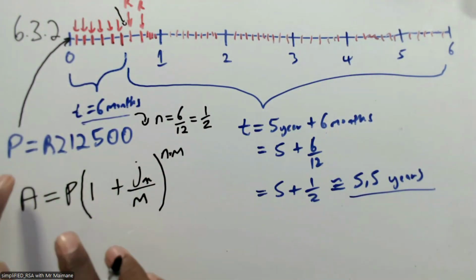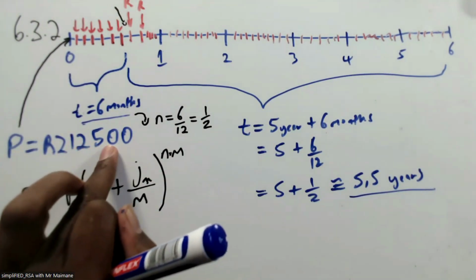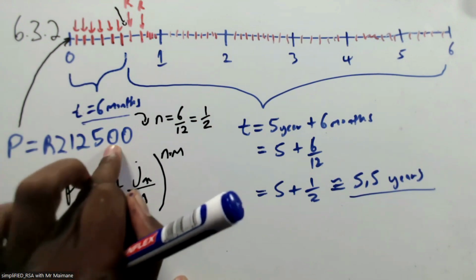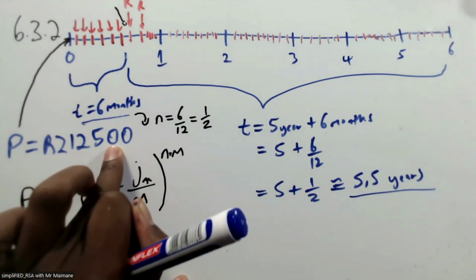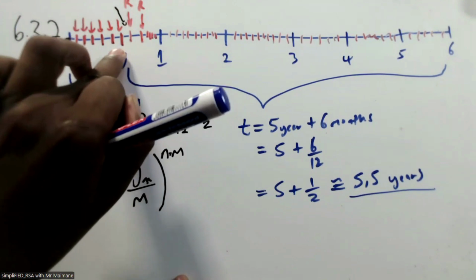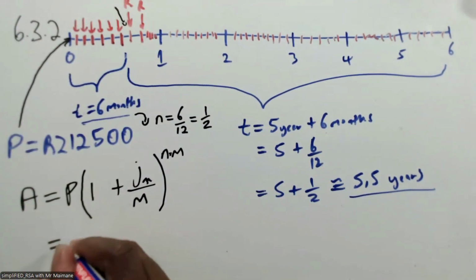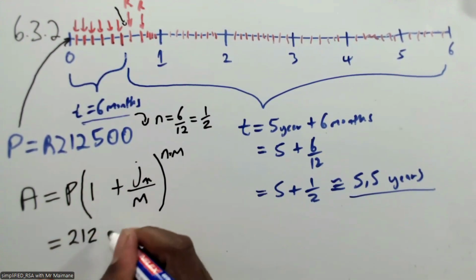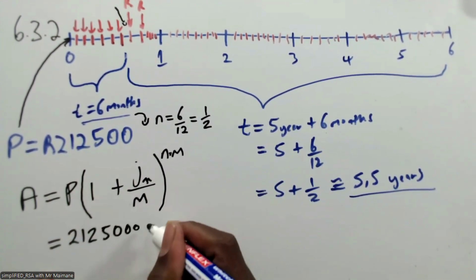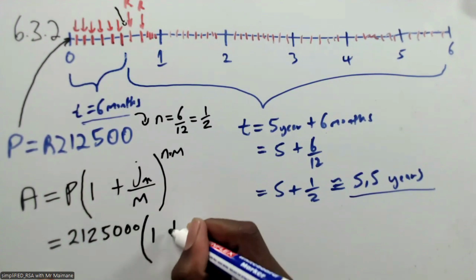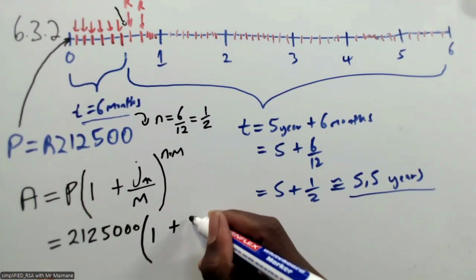So now I need to know what the amount of 212,500 gets to when interest is included by the time Thabo starts paying. If I calculate this, I have 212,500 multiplied by 1 plus the interest, which is 13%.